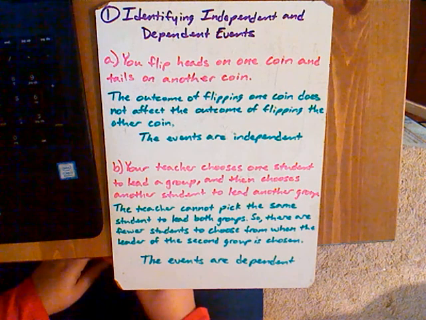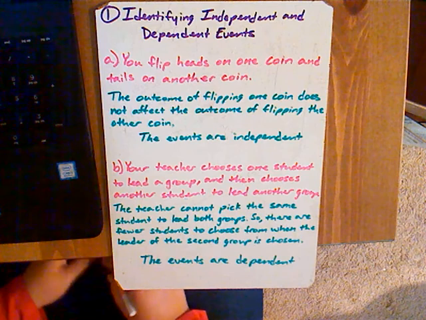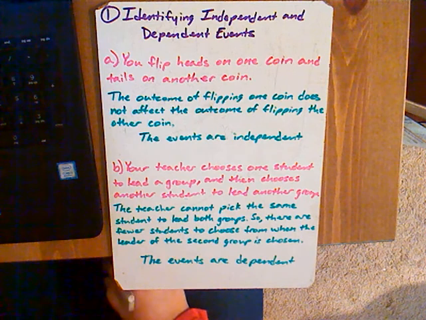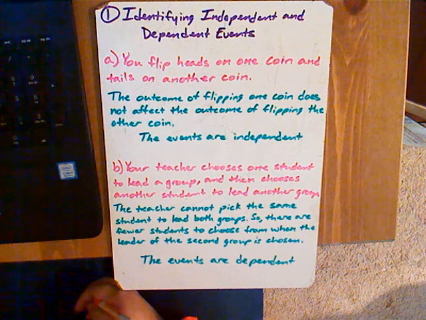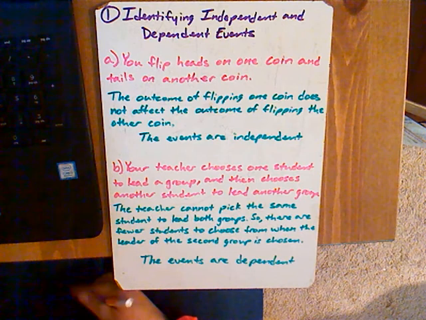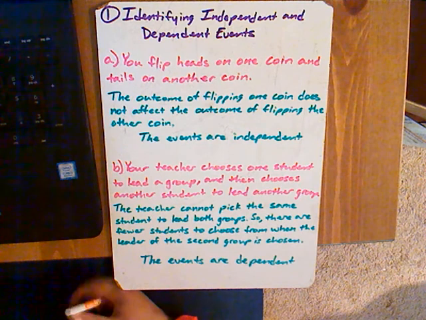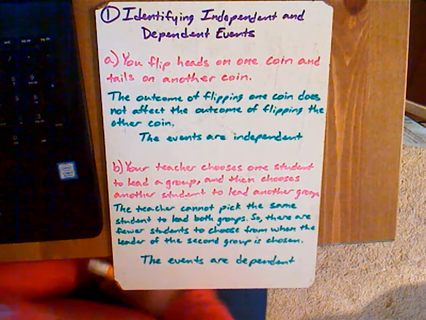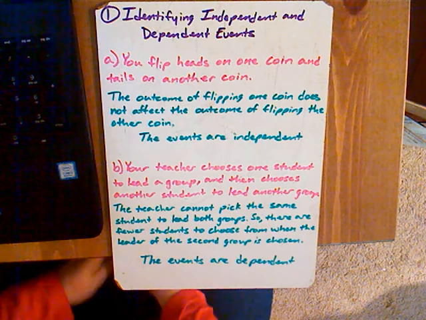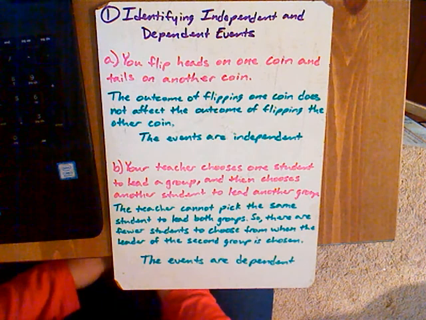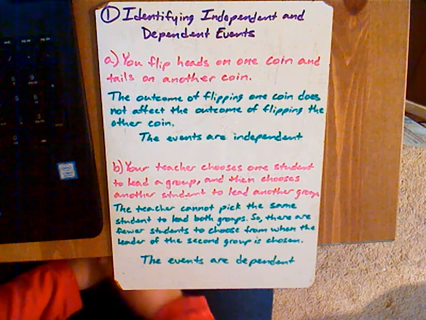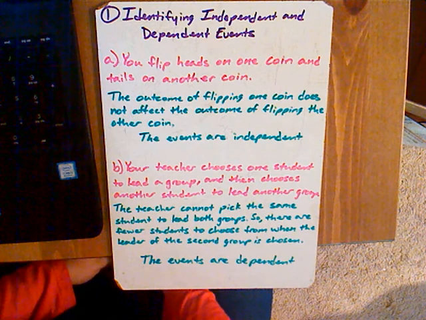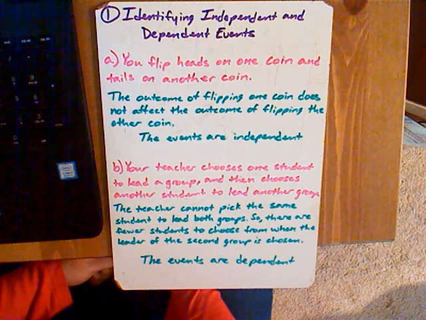And so those events are dependent because the choosing of the second student to be the leader is dependent on what the outcome is for the teacher choosing the first student to lead a group. So those are dependent on each other because the first event affects the outcome of the second event. All right, and that is identifying independent and dependent events.